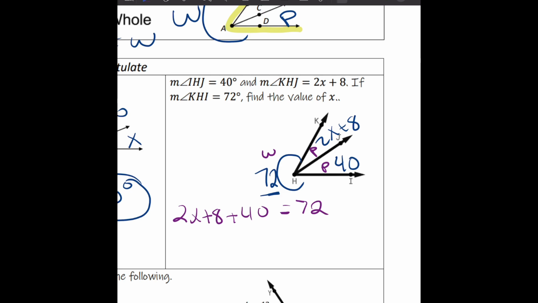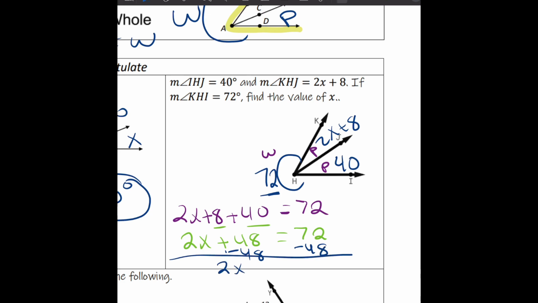Then I just solve for x. My first step is to combine like terms. So 8 plus 40. So 2x plus 48 equals 72. Subtract 48. 2x equals 24. Last step is to divide by 2. So x equals 12.